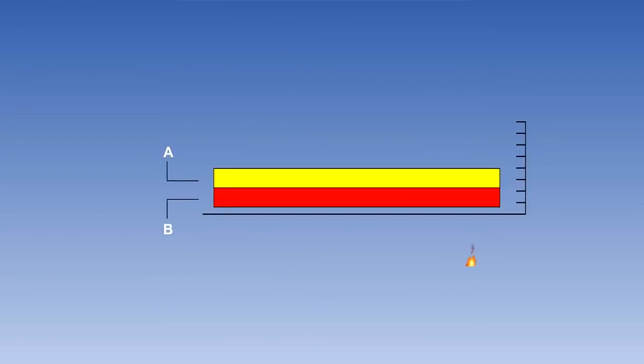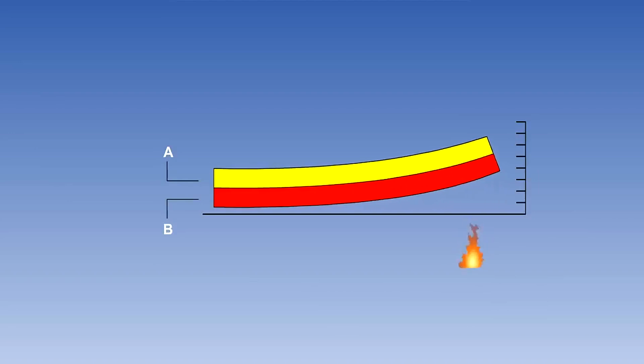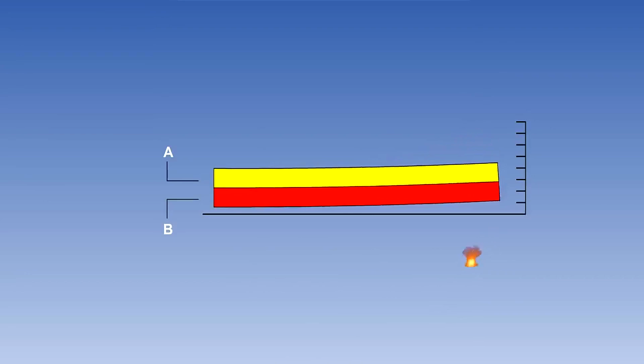One of the simplest is the bimetallic thermometer, and it works on the principle that two metals with different coefficients of expansion will expand at different rates if subjected to heat. If these two metals are bonded together to form a single bimetallic strip, the metal with the greater rate of expansion will cause the bimetallic strip to bend.